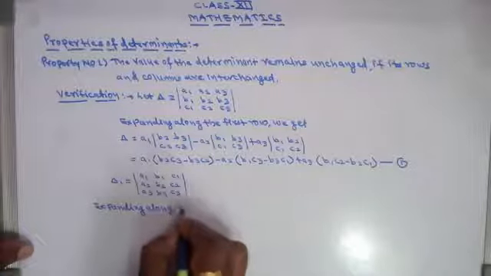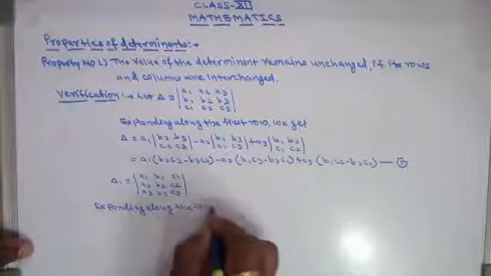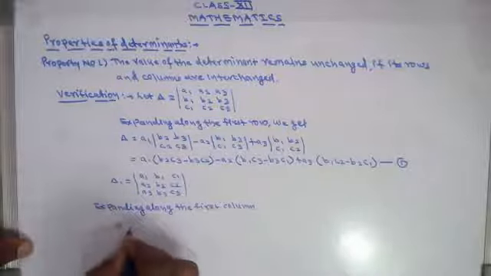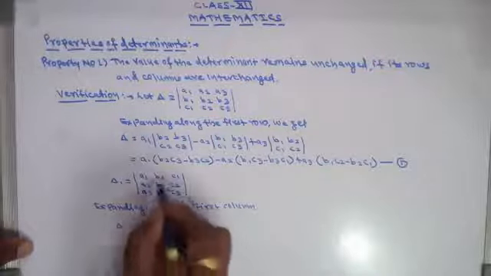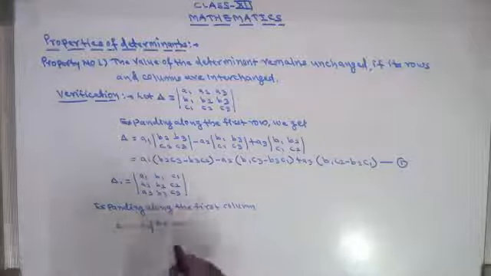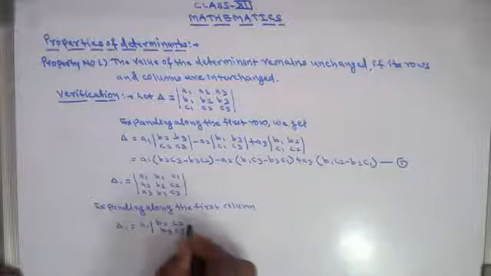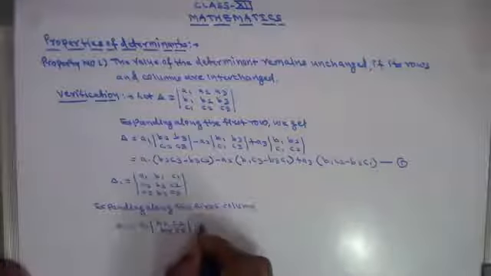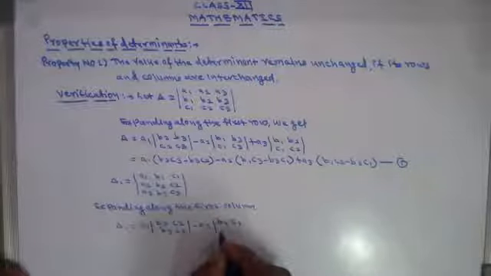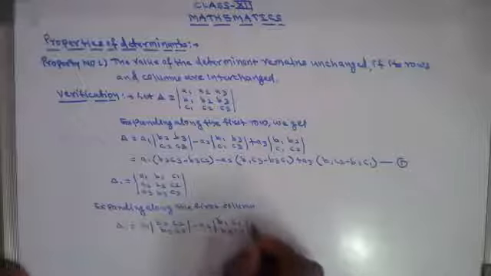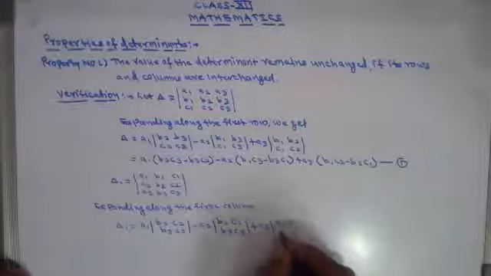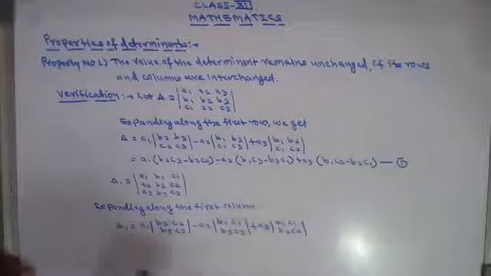Therefore delta 1 equals A1 into determinant, leave this row and this column, B2, C2, B3, C3, then minus A2 into B1, C1, B3, C3, plus A3 into B1, C1, B2, C2.